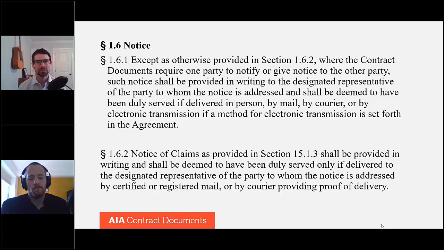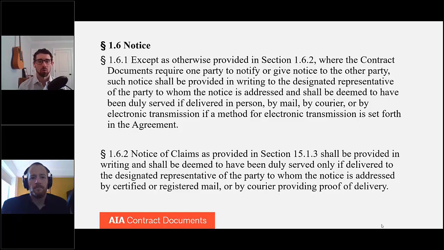So if the parties just have to give regular notice of something that's not a claim, they want to look to 1.6.1. And it might be a little helpful to talk about an example of what a regular notice might be. So in another one of our videos, for example, we talk about the fact that the contractor has the right to request financial information from the project owner.